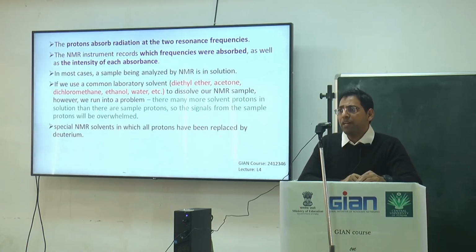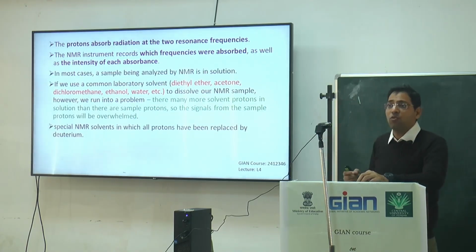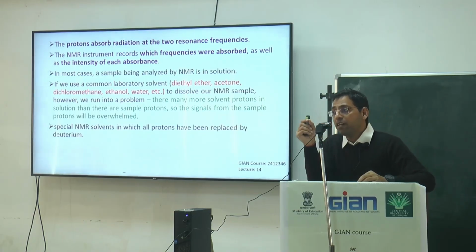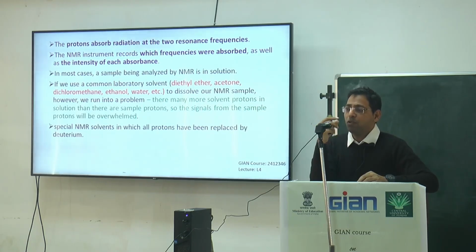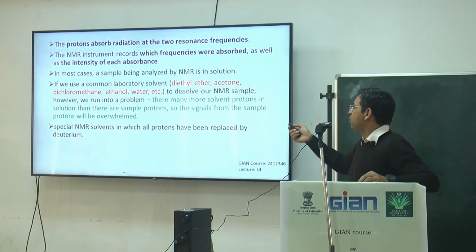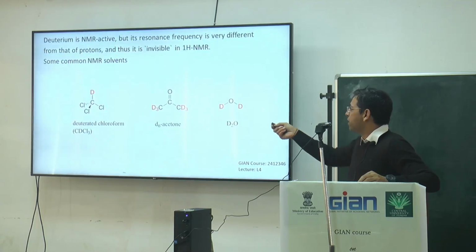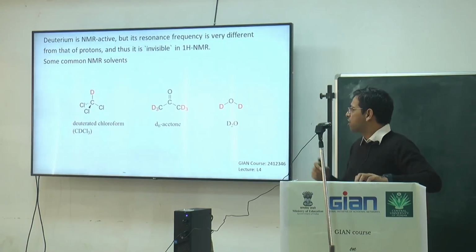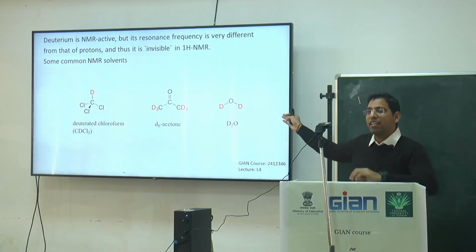We use those solvents in which H is replaced by deuterium, because we want to avoid all the peaks of the solvent molecules. So we use specific types of solvents for this particular purpose. The first one is deuterated chloroform, the second is d6 acetone, and D2O. Here there is no H.